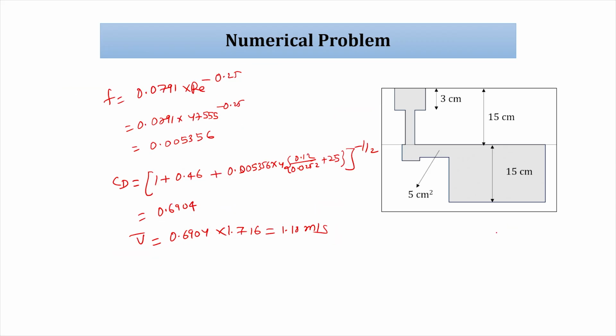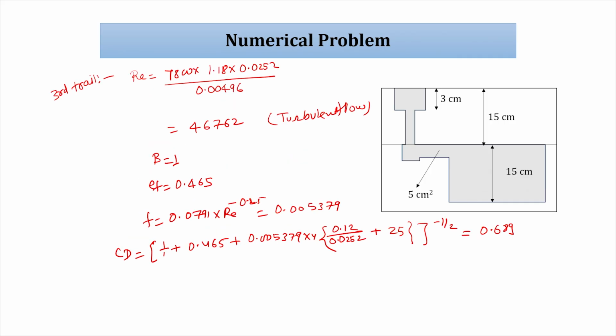Now we can see CD is not changing, it has become 0.69 to 0.689, which is equal to 0.69 only. Now this CD is fixed, CD is converged.